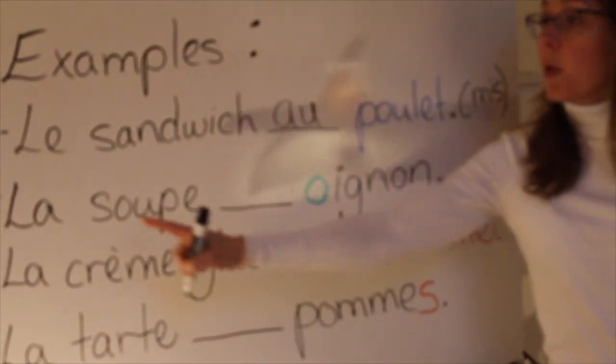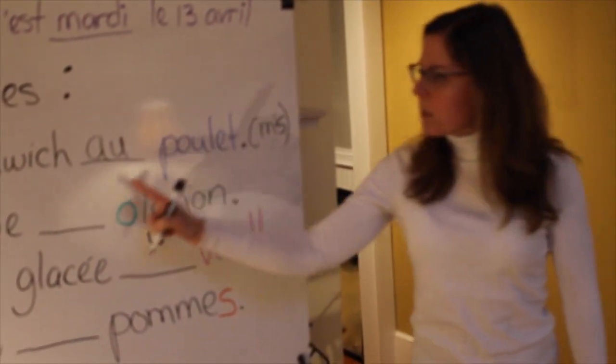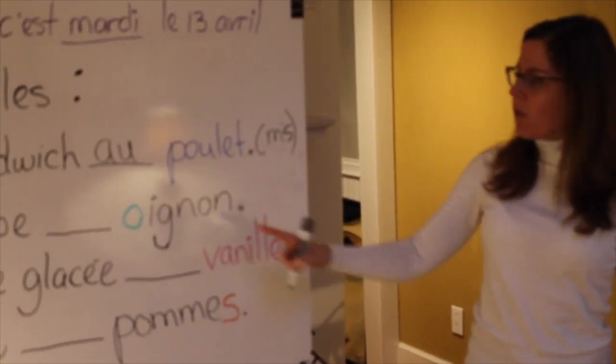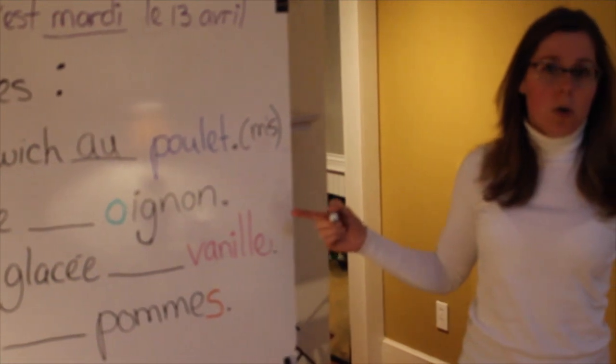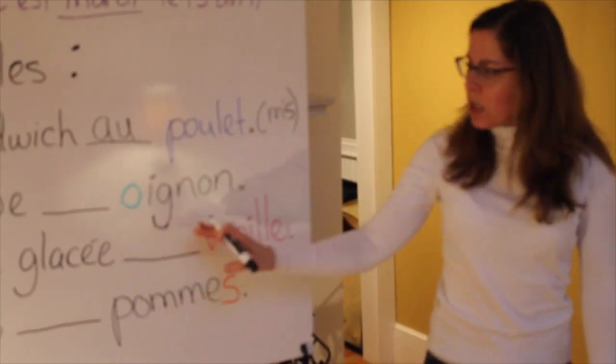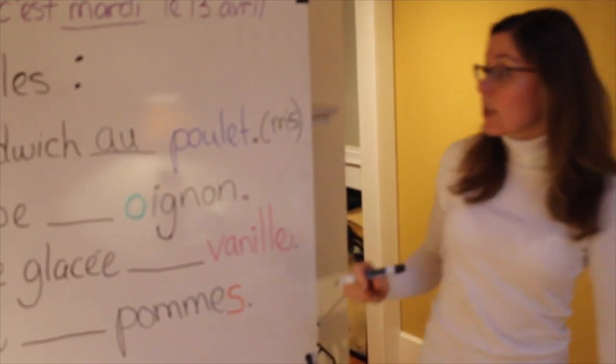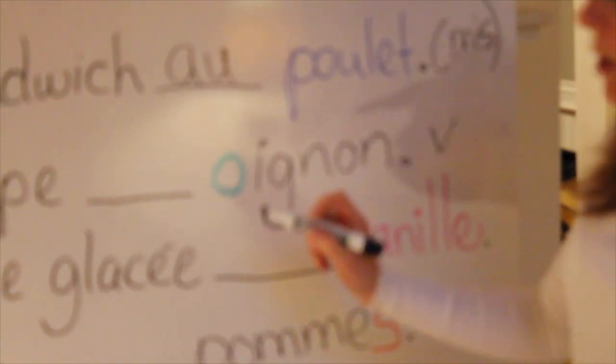Now, second example. La soupe, oignon. Now, what's particular with oignon? First of all, what does it mean, oignon? Onion, that's right. Okay? So, what's specific to oignon here? What does it have special? That's right. It starts with a vowel O, right?